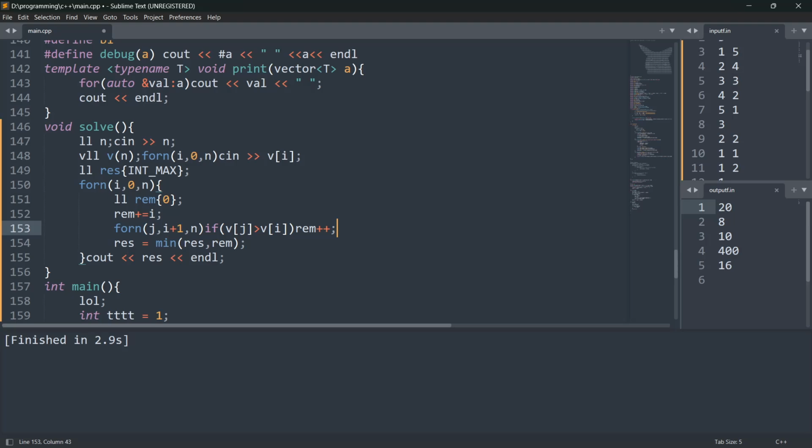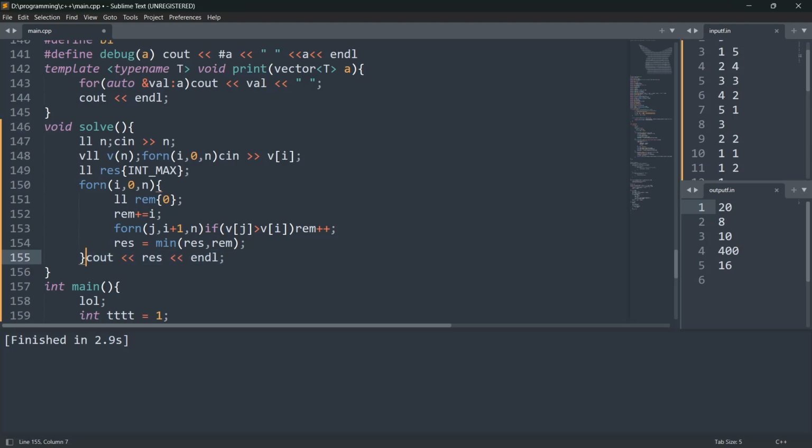And after all of it has been done, I set res to the minimum of the res before and rem now. So this ensures that we get from the whole array the minimum number of elements that has to be removed, and then we give out the answer.